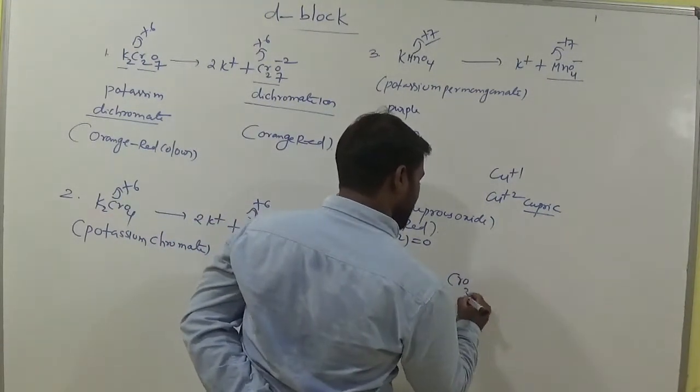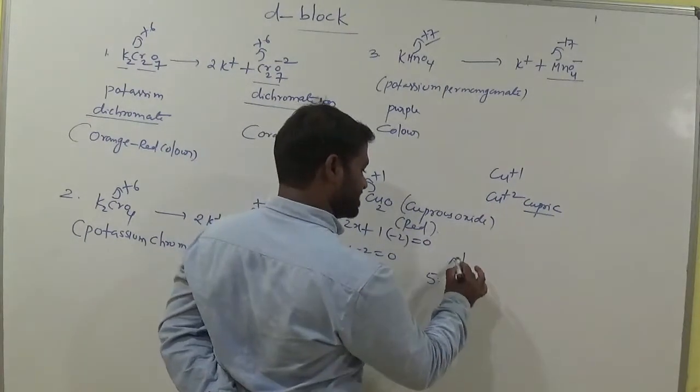And chromium trioxide, CrO3, here it is plus 6.